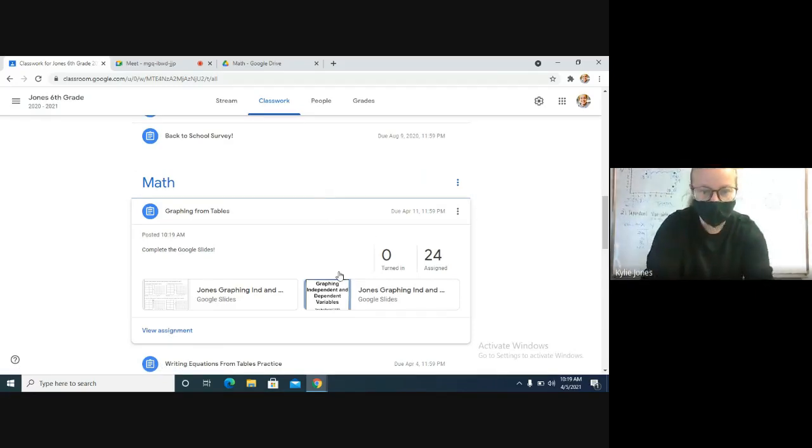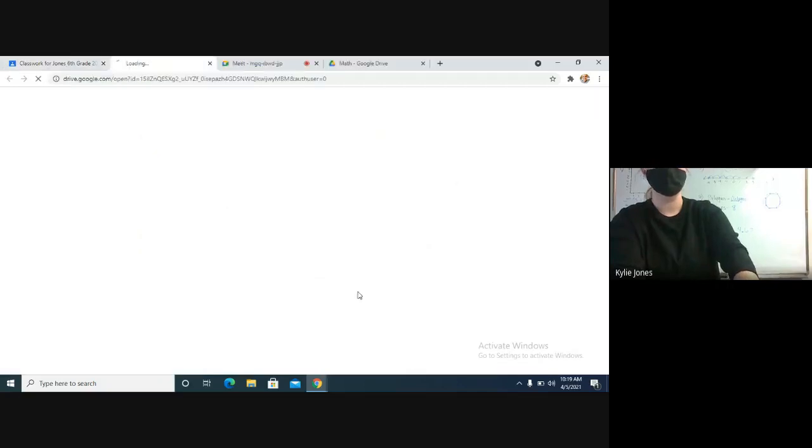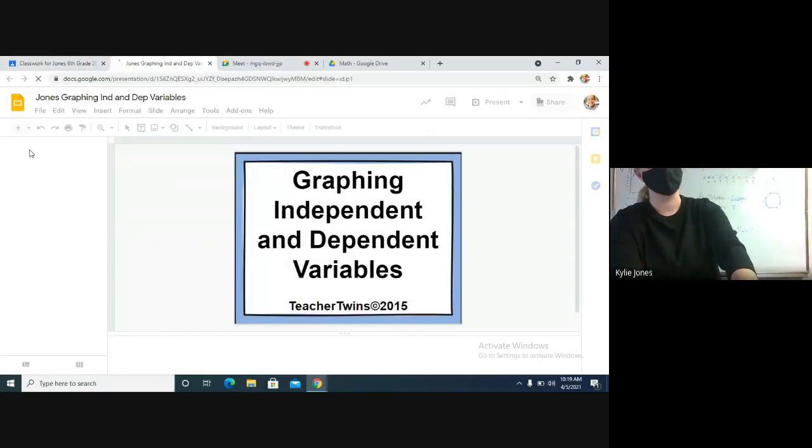The first one we're going to open is the one where you can tell that it's a PowerPoint, graphing independent and dependent variables. You see that one? Open that one first. The other one is practice that we will do after, but we're going to start with the PowerPoint right here.